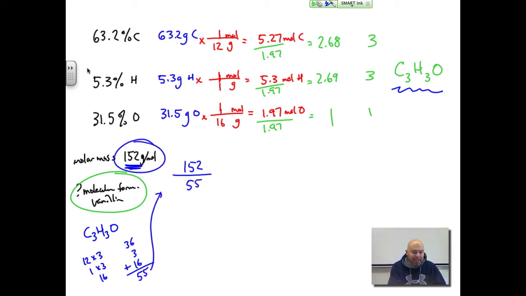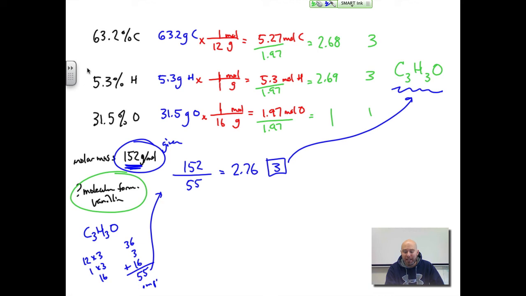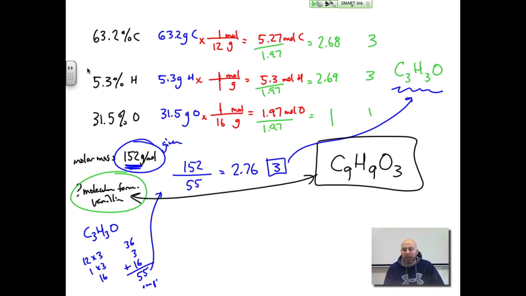I take my given molar mass divided by my empirical formula mass, and I get 2.76, which I now round to 3. This becomes the factor that I multiply by my empirical formula, and so my molecular formula is C9H9O3. This is my molecular formula for vanillin. Remember this one.